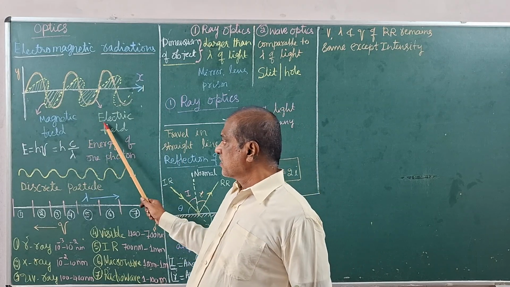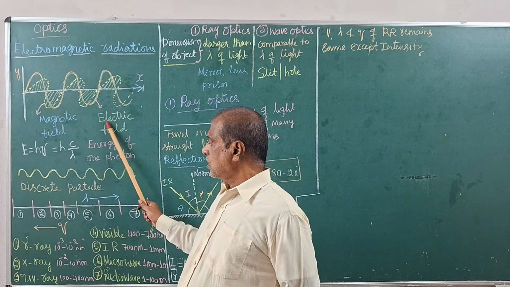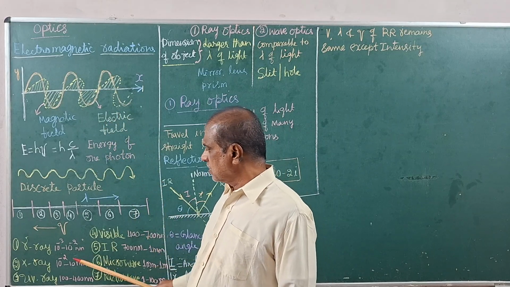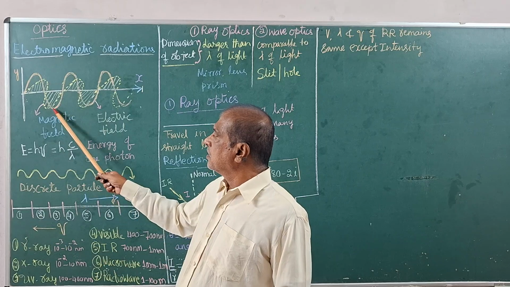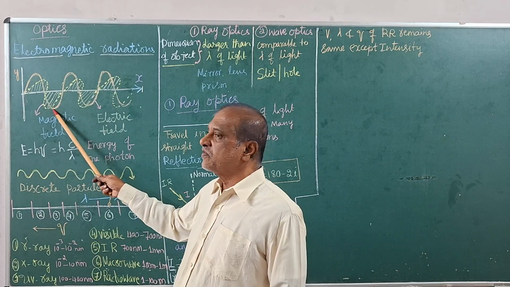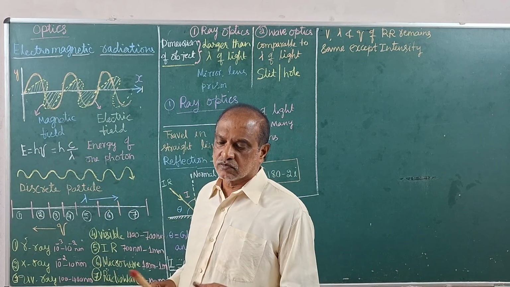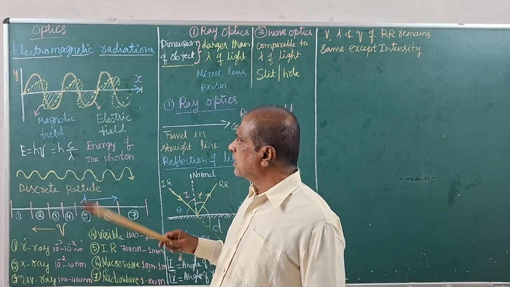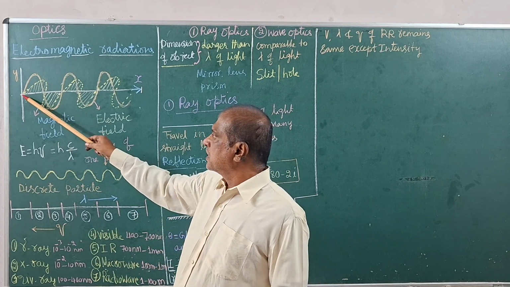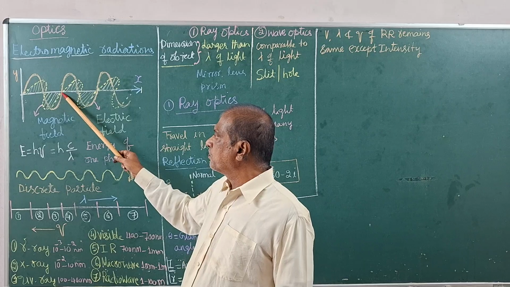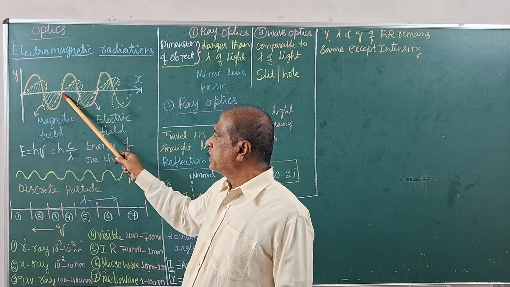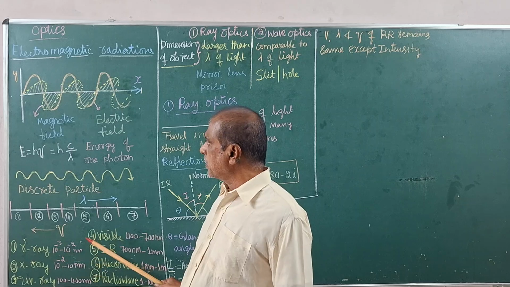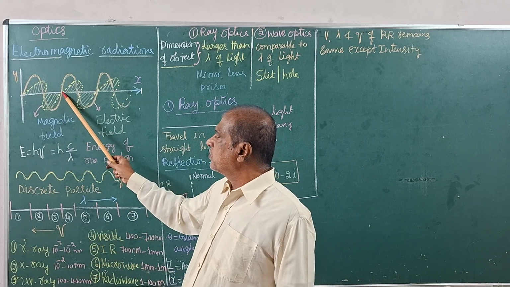The magnetic and electric fields are classified based on the wavelength or frequency of the radiations, which are their characteristic properties. What is wavelength? Wavelength is the length of one wave, and it varies from one type to another.